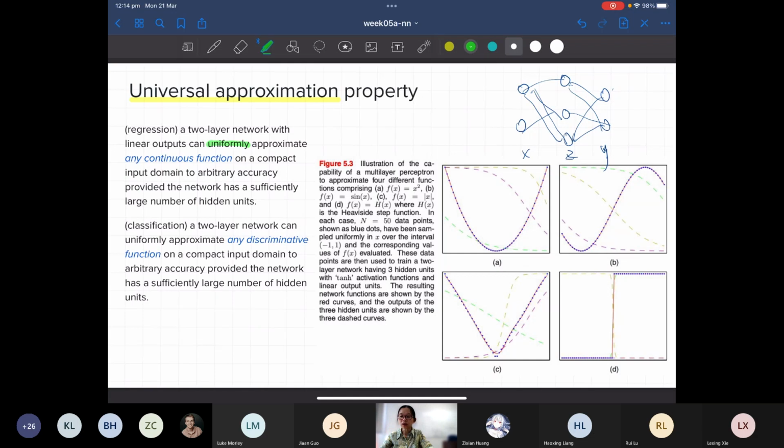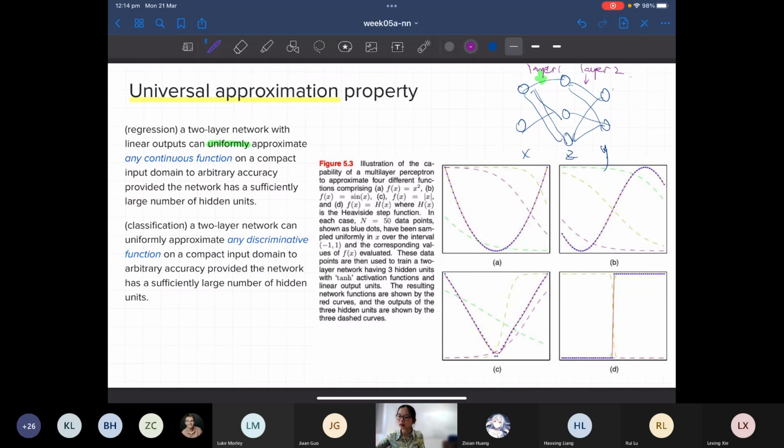So for regression, a two-layer neural network, as we said, this is layer 1, this is layer 2, assume weights. A two-layer network with linear outputs.